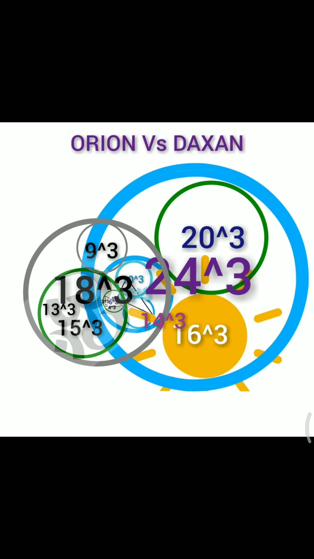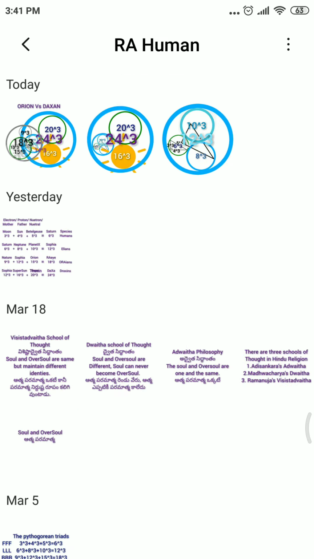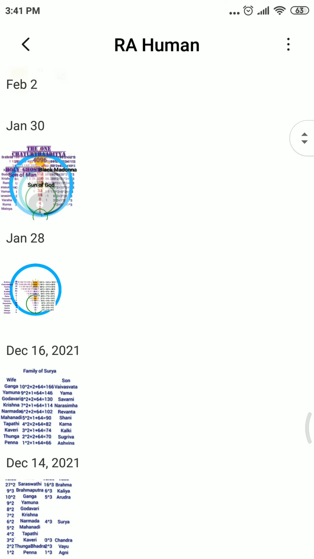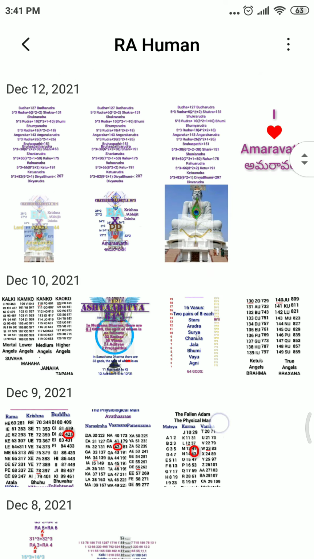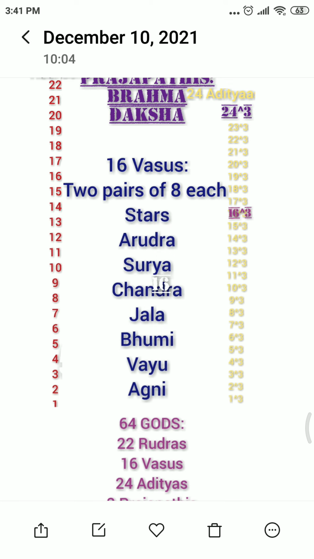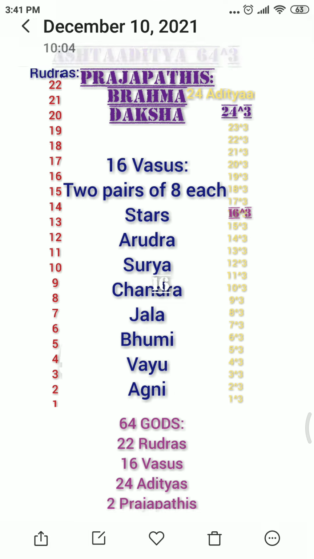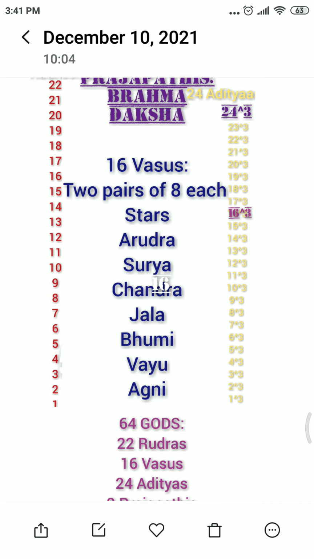So in Indian mythology, we have a concept called Vasus. You know, the Vasus are Agni, Vayu, Bhumi, Jala, Chandra, Surya, and all these are nothing but cubes.